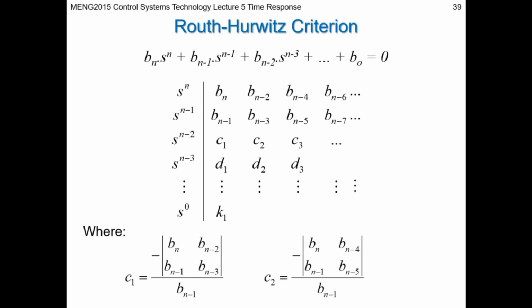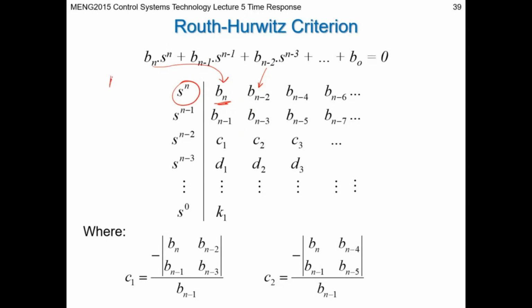Well, firstly, for your S to the power n row, your first term in your matrix is the coefficient from S to the n. Then we skip one, and the next term on that row of your matrix is the Bn minus 2.